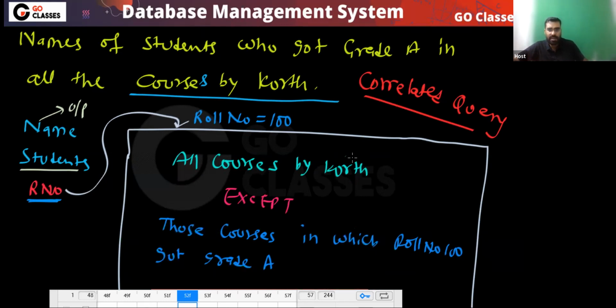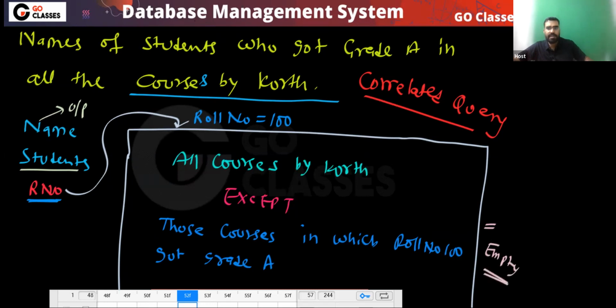So I'm saying that I find all the courses by Korth, and then I remove those courses in which roll number 100 got grade A. And what I want is that this box should be empty, correct?